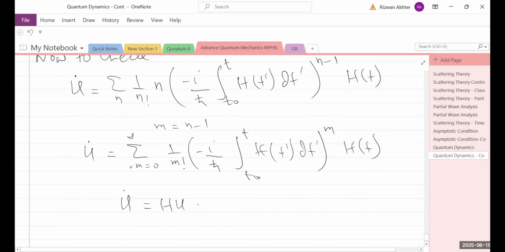So if h and u are numbers, then this is the solution of the differential equation.